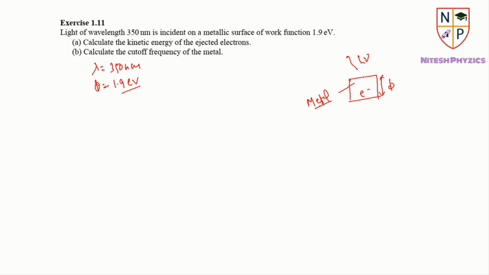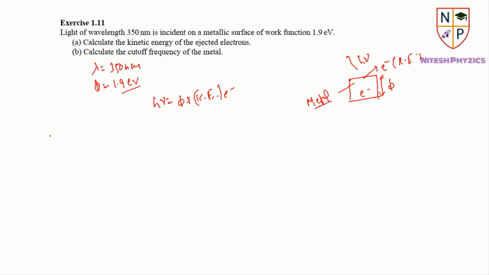The electron can be ejected from this metal surface, and the rest of the energy will be the kinetic energy of the electron. So according to energy conservation, h nu is equal to phi plus kinetic energy of electron. Right? Now we have the given wavelength 350 nanometer.